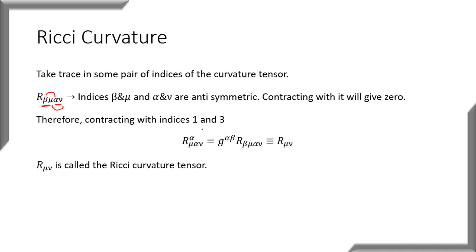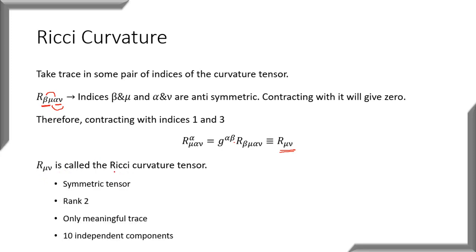So contracting using the first and third indices, beta and alpha, with the metric tensor, what you will get is R mu nu. That is a 2-index tensor in a 4-dimensional space, and this rank 2 tensor is called the Ricci curvature tensor.